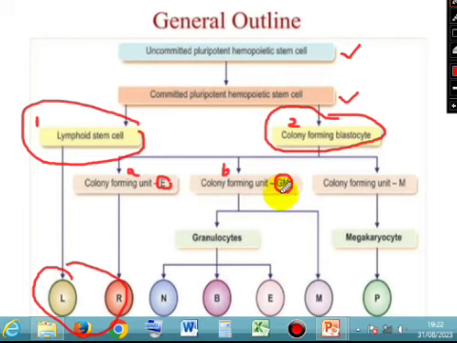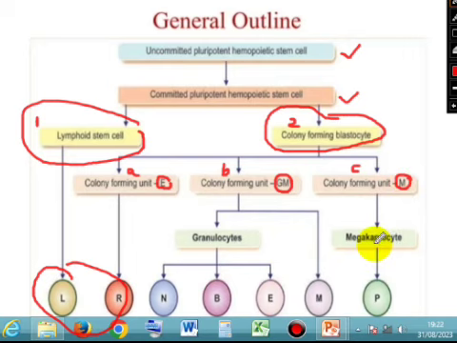I repeat, the colony-forming blastocytes differentiate into three kinds of cells. Number A is the colony-forming unit erythroid. Number B is the colony-forming unit for granulocytes and monocytes, GM.